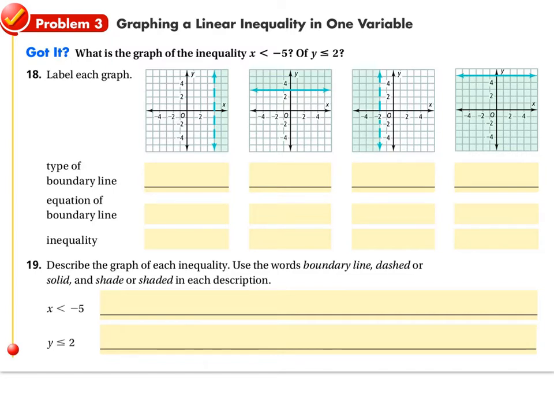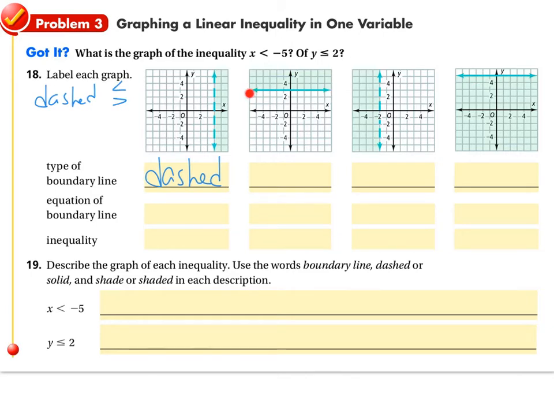Let's take a moment and look at these graphs. As you can see, some of them have different lines. And different lines mean different things. This first line is dashed. A dashed line means that you will use the inequalities less than or greater than.